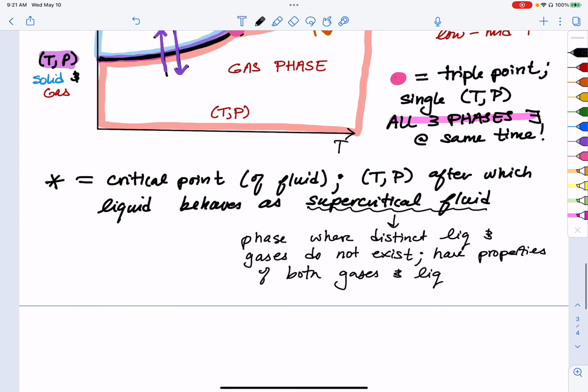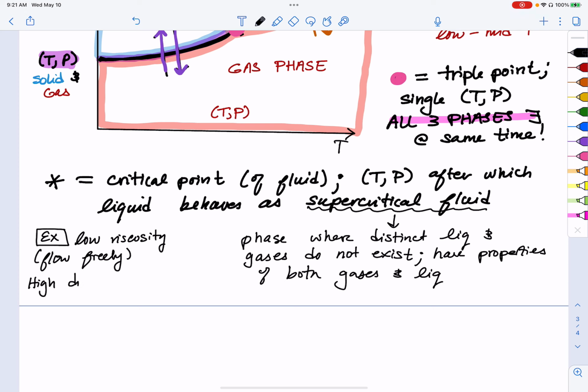So for example, what might that look like? So some properties of a supercritical fluid, just if you're curious, they have low viscosity, meaning they have a pretty easy time flowing. So they flow freely, but yet they also have a really high diffusion rate.